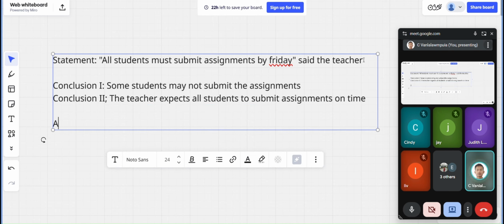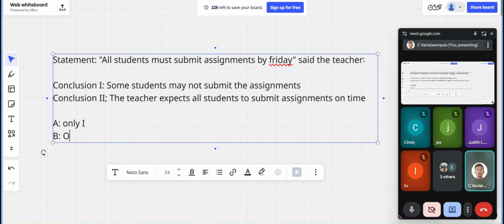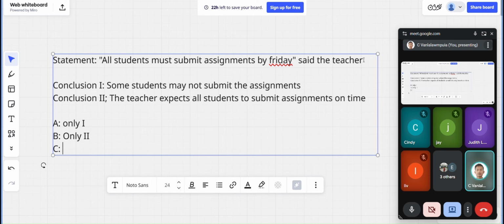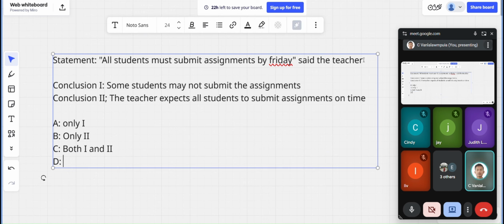So the answers are A is only conclusion one. B is only two. C is both 1 and 2. D is neither.